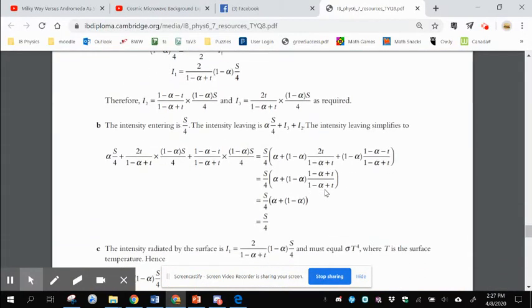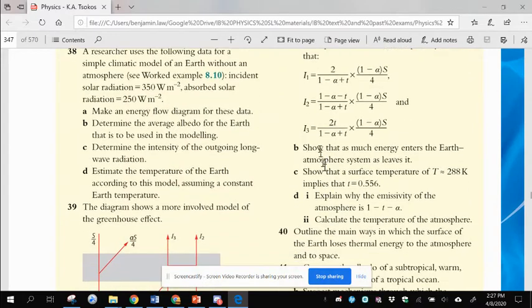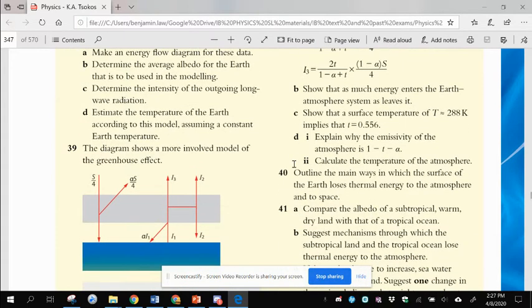Okay, now what about part B? Part B says, show that as much energy enters the Earth's atmosphere system as it leaves it. So what are we trying to show? We want to show that how much energy coming in equals how much energy coming out, right?